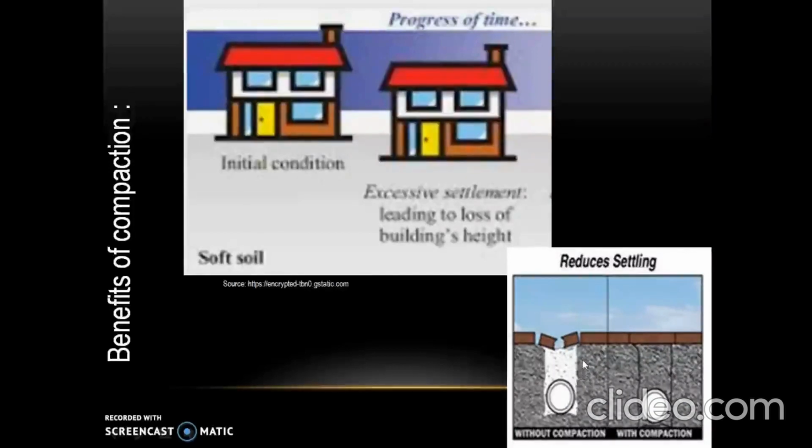Since it is a loose soil, there will be failure of the pavement due to settlement. If the soil is well compacted, there won't be any settlement of the soil and there also won't be any failure of the structure. Hence, it is very important to compact the soil to reduce settling.